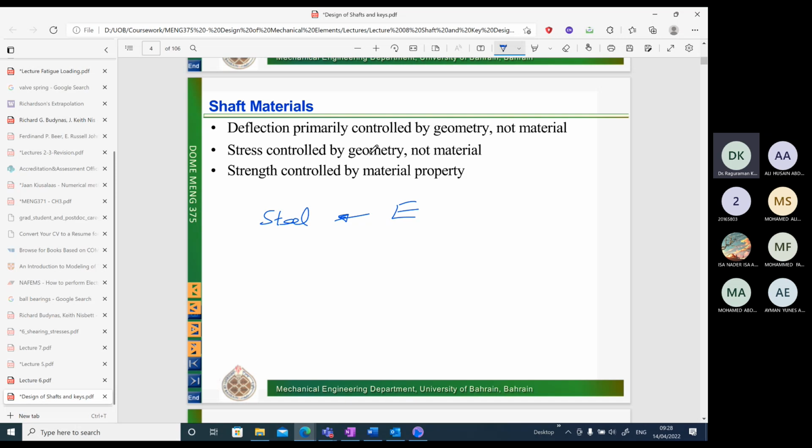Again, stress is also controlled by geometry and not material. Again, recall that stress has the formula force over area. So it is only geometry that controls it. If you have bending moment load, then you have the formula M over I, or maybe section modulus Z. Again, section modulus depends upon the geometry.